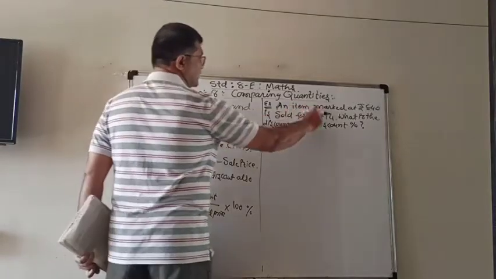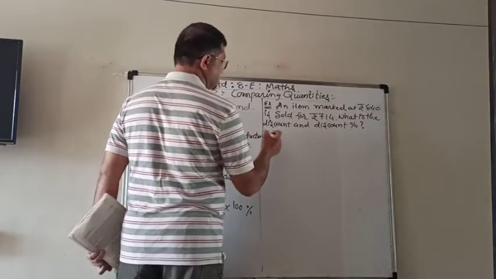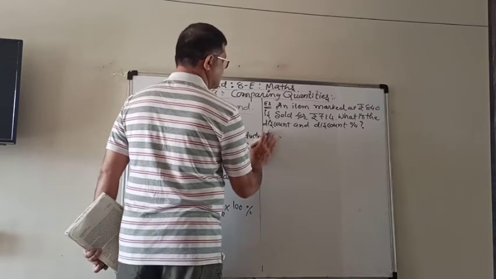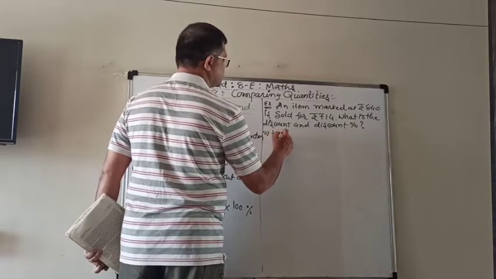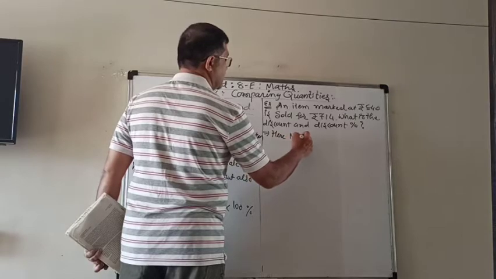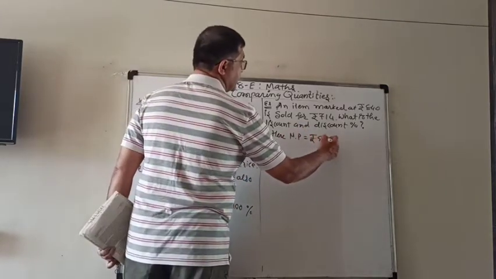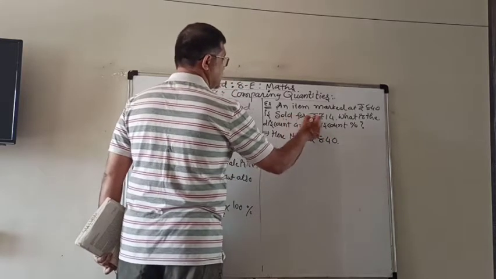So here what is the marked price? Rupees 840. So here marked price MP is equal to rupees 840. And what is the sale price?